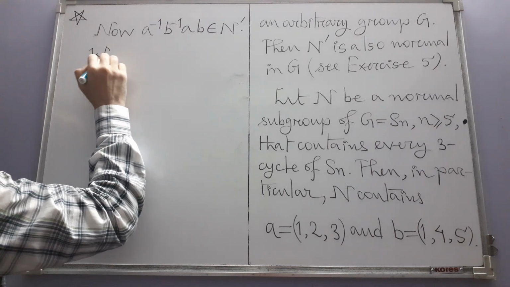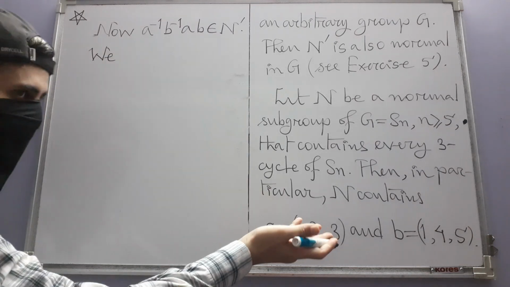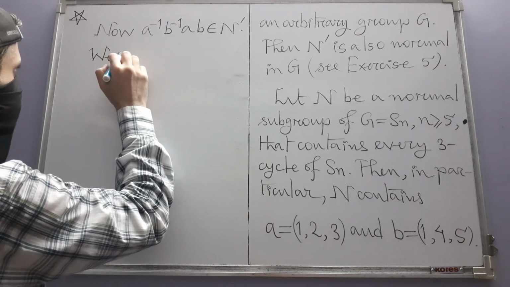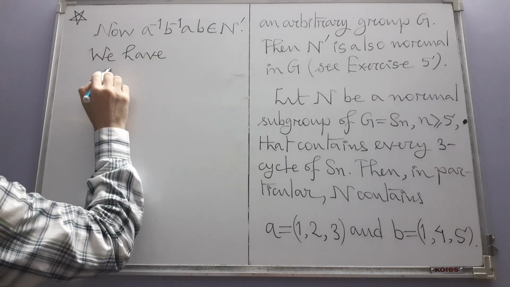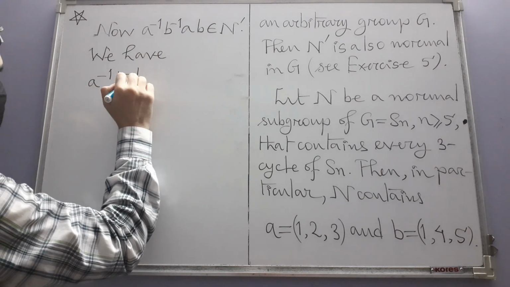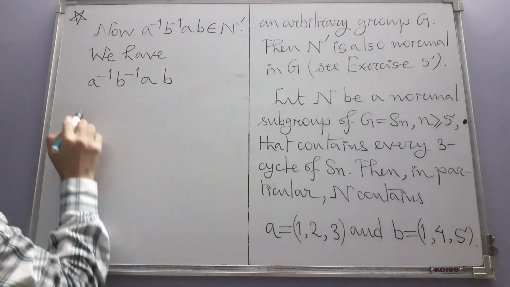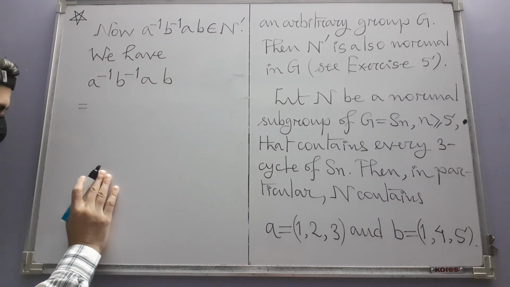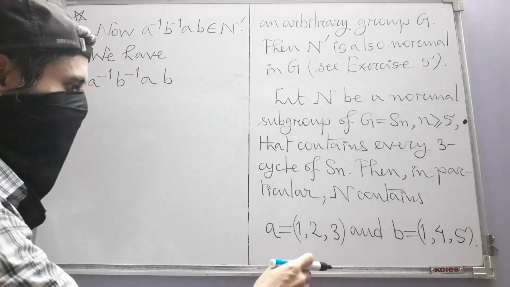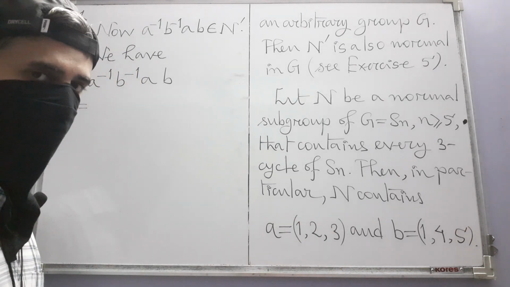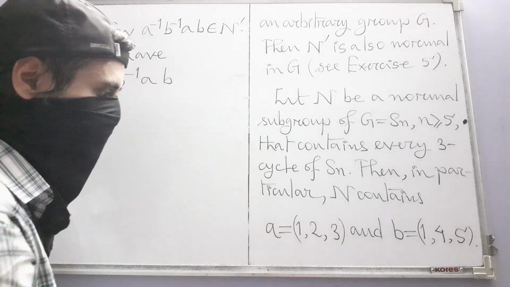Let us now calculate this element because we know what A and B are exactly. So A is (1 2 3). In order to write its inverse, you can just use the reverse order.